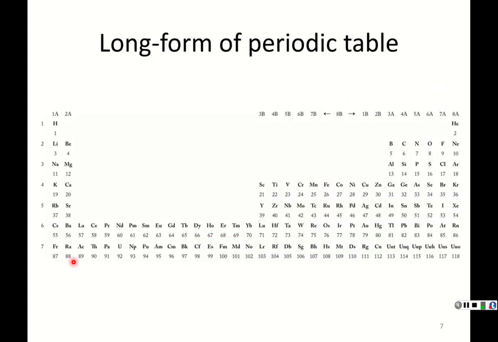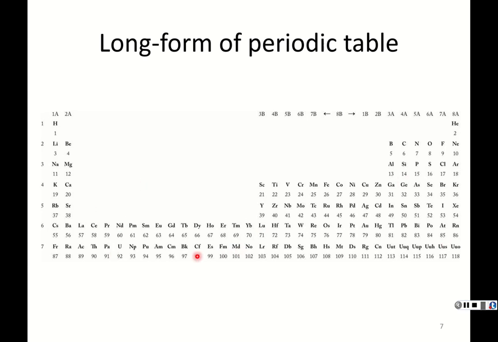We can make a long form of the periodic table where we would actually put the lanthanides and actinides in between the s block and the d block. So this would actually be a more accurate picture. We just don't do it because it takes a lot more length, primarily.